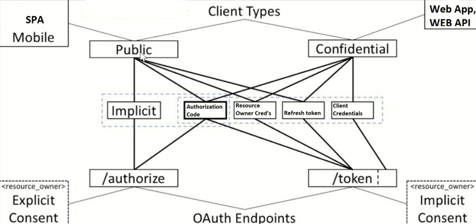A public application can make use of the implicit grant type, authorization code, resource owner credentials like the user's name and password, or refresh token. These are all the available options you have, but the preferred approach would be to make use of authorization code or authorization code with PKCE, in order to further secure your applications from any kind of security threats.